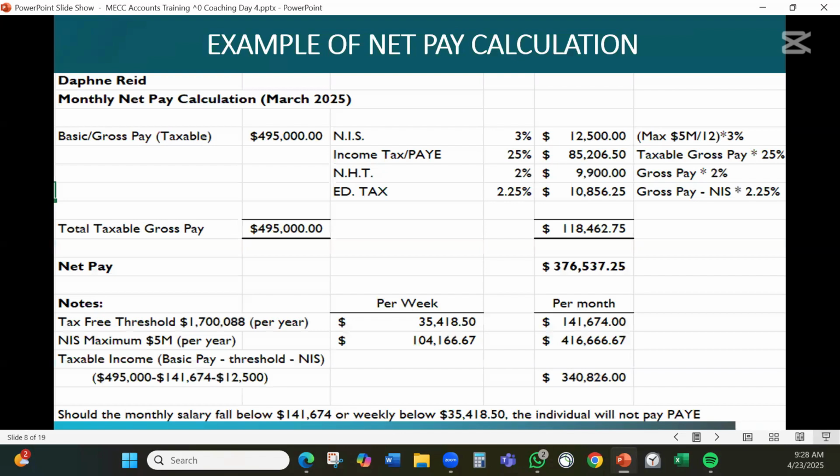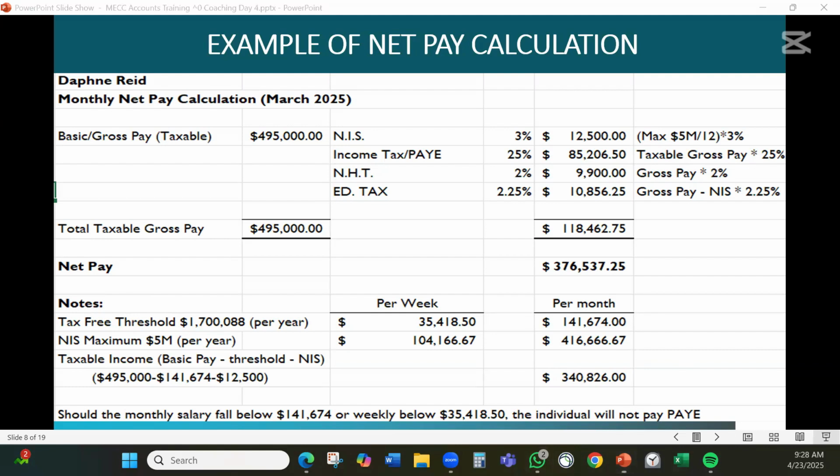We're going to look at an example here for an employee, Daphne Reed. Daphne Reed is earning $495,000 for the month. So now we're talking about a month.